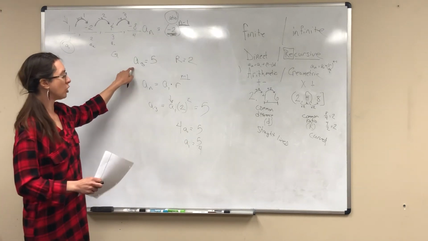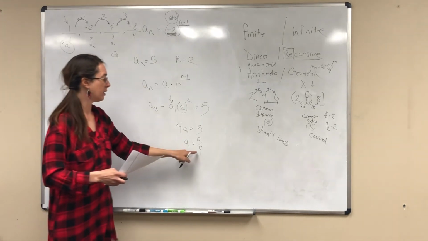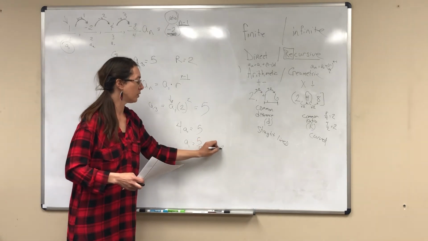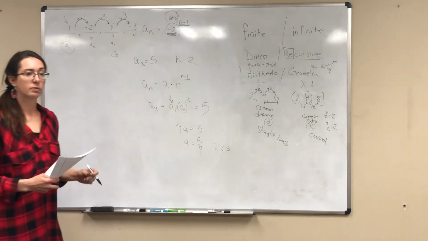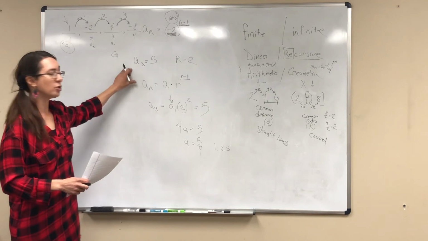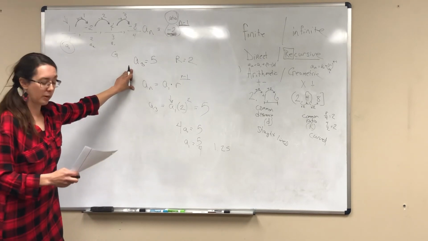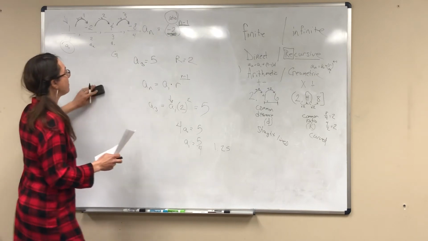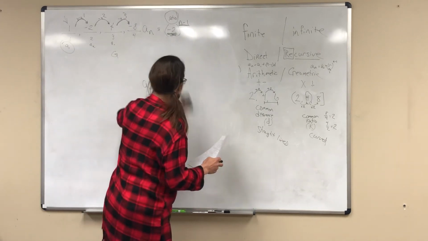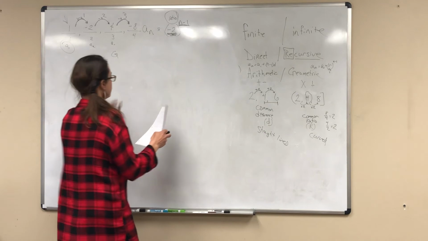The first term in this sequence would be 5/4 or 1.25. Do you see how we were able to use our knowledge of our formulas and find out what it is?